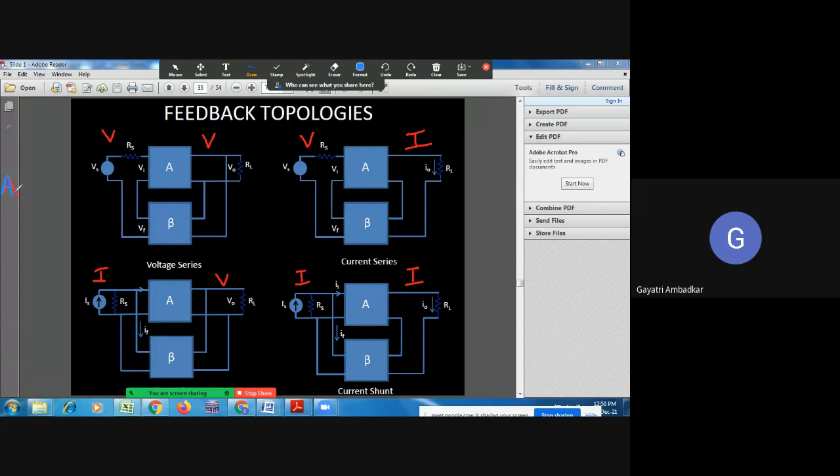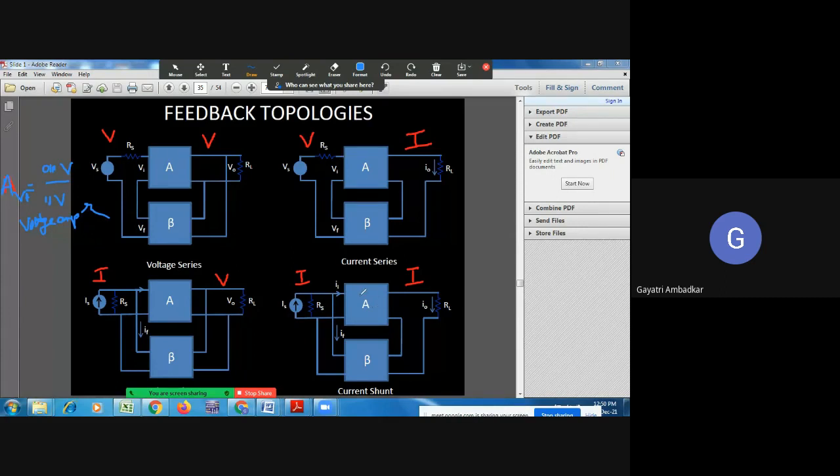So I'll call this amplifier a voltage amplifier, and its feedback gain is the ratio of output voltage upon input voltage. Means when I say voltage series feedback topology, it is nothing but the voltage amplifier.